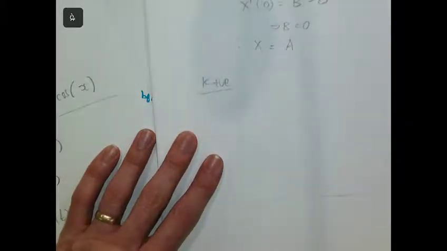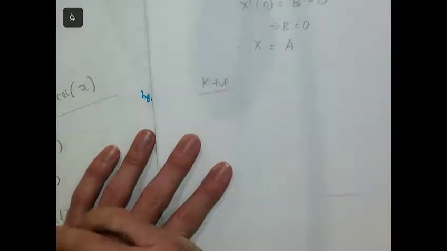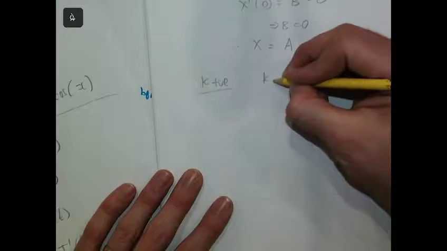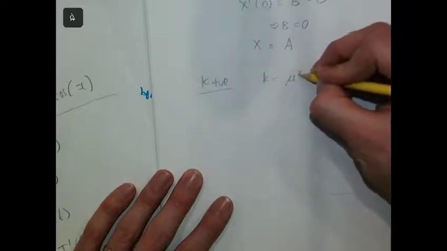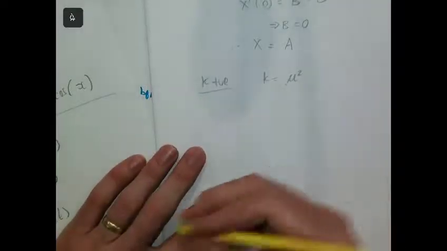K is positive. Okay, if k is positive, I'm going to get lambda squared equals k, and I'm going to have to square root it. And since I'm going to square root it, I might as well say that k is something else squared. Traditionally, and I don't know why, mu, perhaps because it's the letter after lambda in the Greek alphabet. Okay, so let's see.